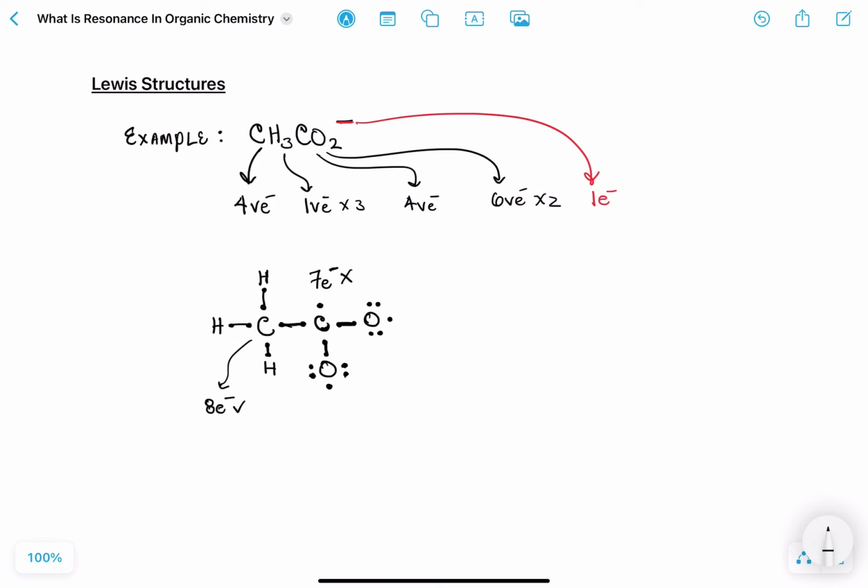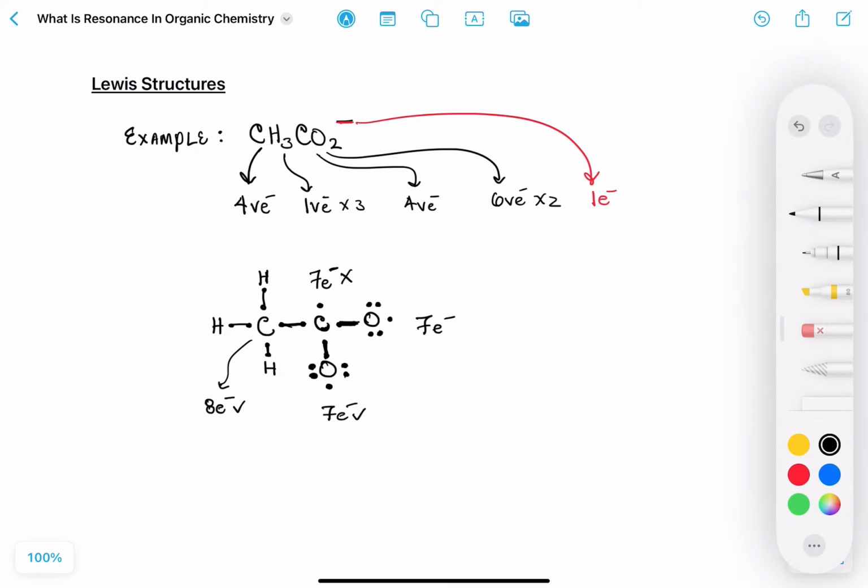This oxygen down here has 2, 4, 6 in the bond, and then 7 total. So it's also not happy with this specific arrangement as it stands. And the same thing with this oxygen on the end. We have 2 in the bond, 4, 6, and a 7th electron.